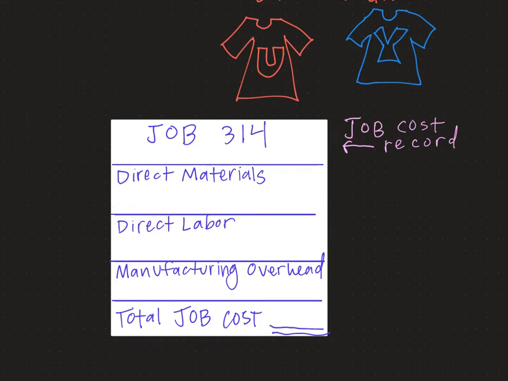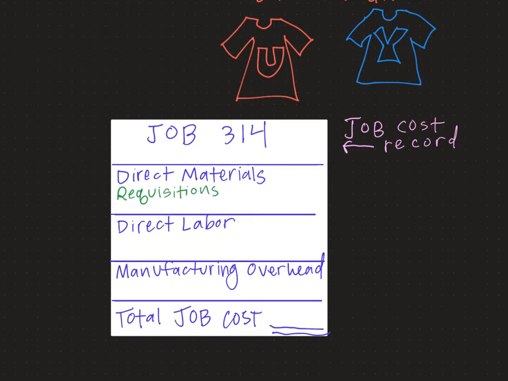For direct materials, we're going to add up all of our requisition forms. And requisitions is just the name of the process that someone has to go through at a company in order to take materials out of the stockroom and issue them into production.